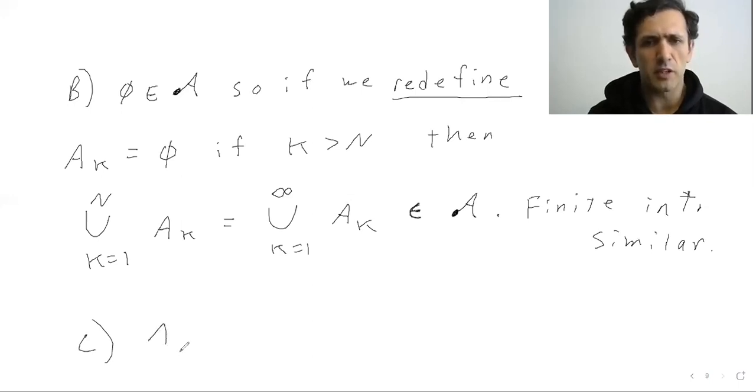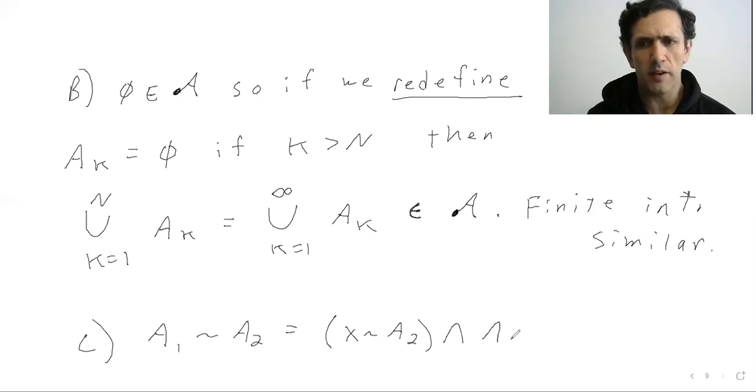C is kind of similar in style. A1 take away A2, you can fairly clearly write as, well, the complement of A2, I'll maybe one more time write as X take away A2, intersect A1.